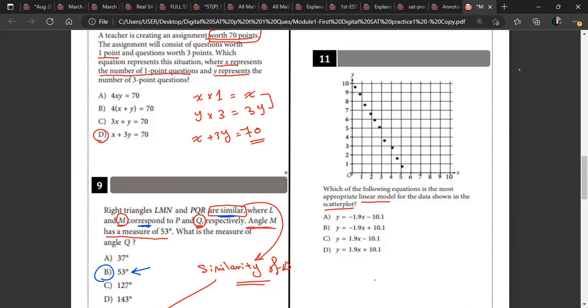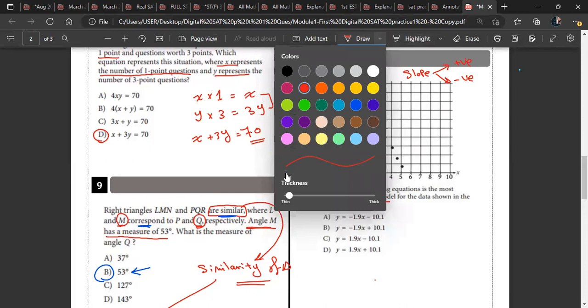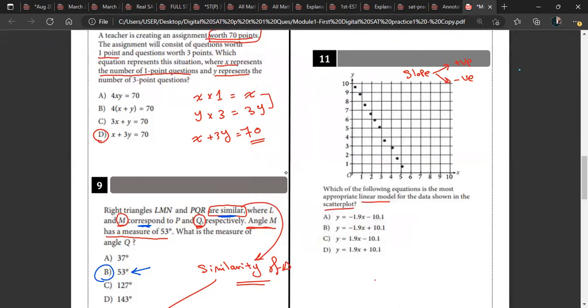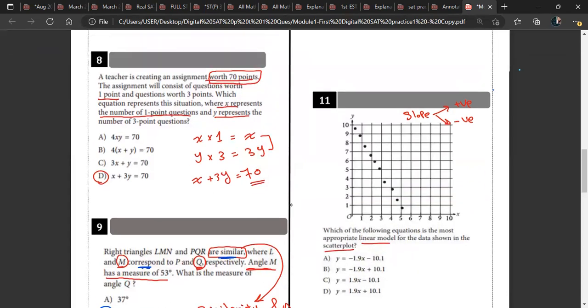Firstly, differentiate between the slope, whether the line has positive or negative slope, because this will cancel out at least one or two choices. How? Here, this line has negative slope. If you have a line like this, increasing from left to right, you have positive, like this.